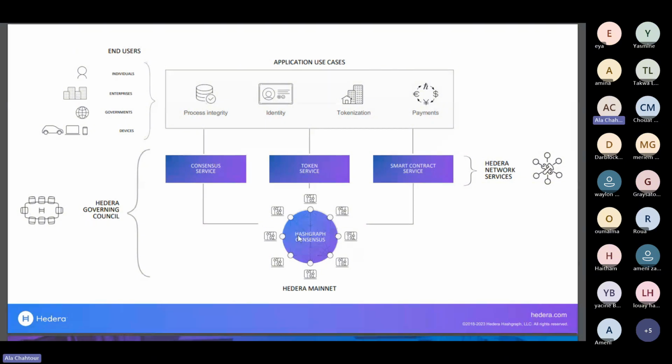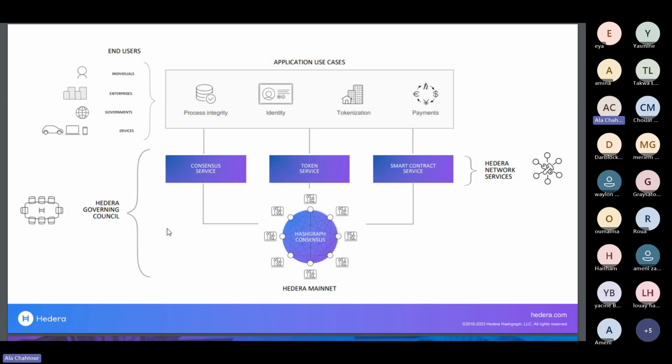This network always listens to the services provided by Hedera: the consensus service, the token service, and the smart contract service. If a transaction comes from one of those services, the changes or the new transaction are executed on the mainnet network.